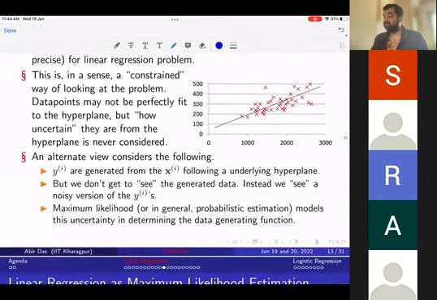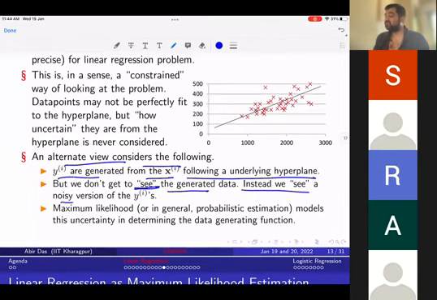So an alternative view considers the following: that yi's are generated from xi following an underlying hyperplane, but we don't get to see or observe that, as I discussed in one of the earlier classes. We don't get to see the generated data. Instead, we see a noisy version of yi.